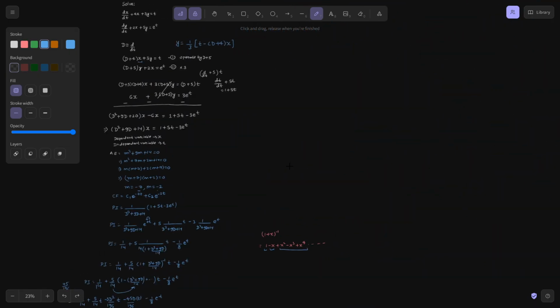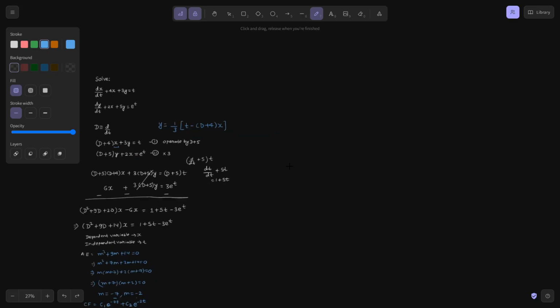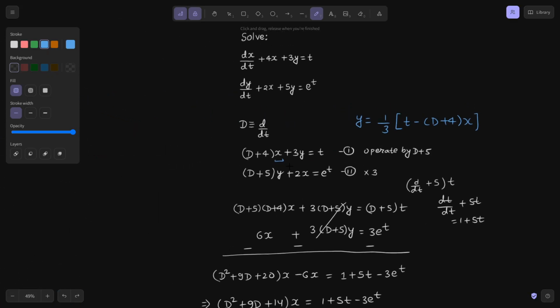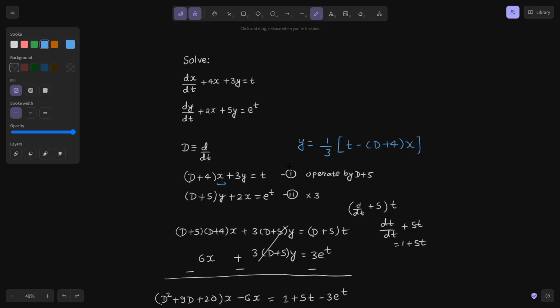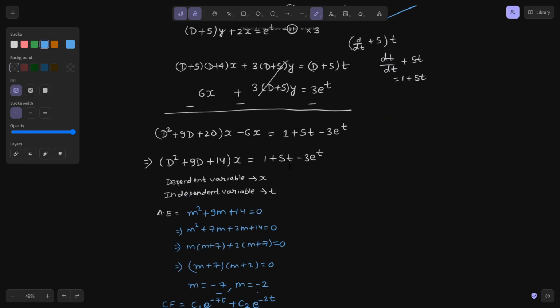If I were to recapitulate this, the problem looks smaller to you now. We have to write this in this form, with capital D. Now in order to eliminate y, we have to operate first by D plus 5 and second multiply by 3 so that y gets eliminated. Then you get a simple problem.